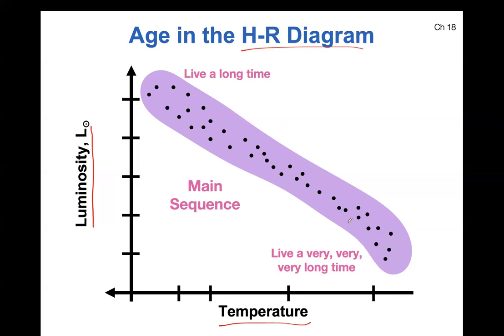And stars on the main sequence can have high luminosity and live a fairly long time, in terms of, I guess, human lifespans, but relatively short as far as stars go. And then on the other end of the main sequence, we have stars that live a very, very long time.